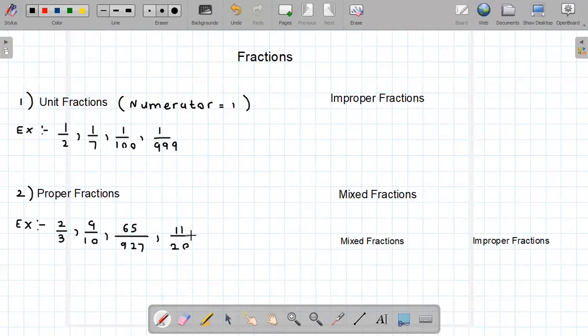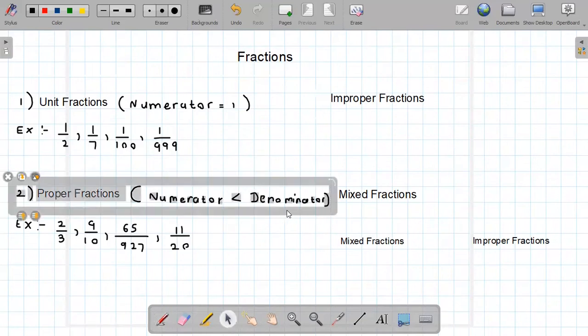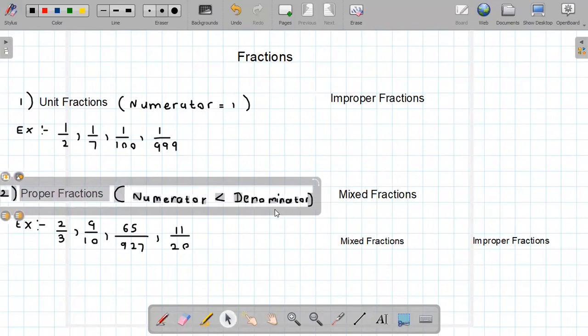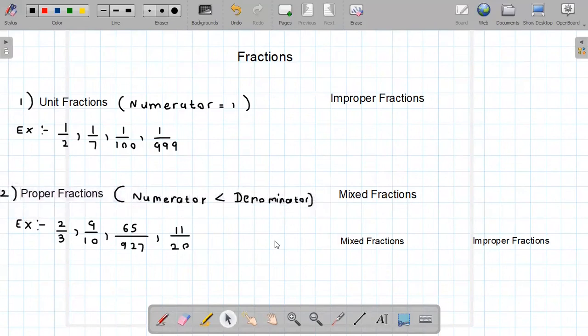We call the fractions proper fractions if the numerator is always less than the denominator, right?